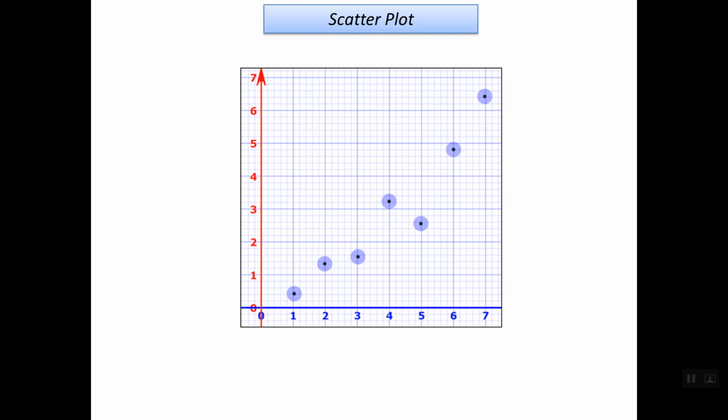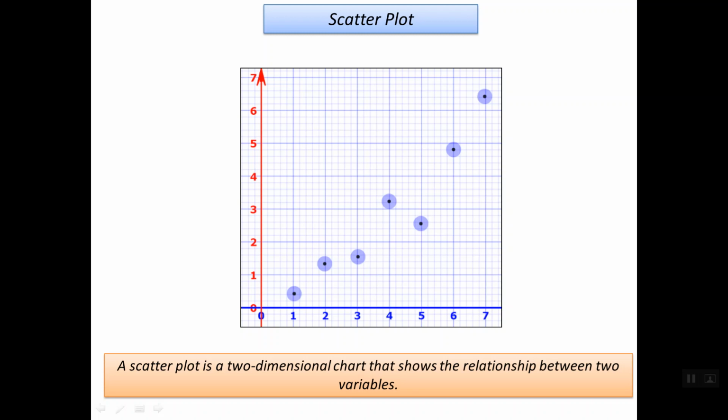With this methodology, the scatter plot, we can simply understand general information about the relationship between the two variables. For example, the relationship between these two variables in this diagram is a positive relationship, which simply means as the x-axis increases, the y-axis also increases.